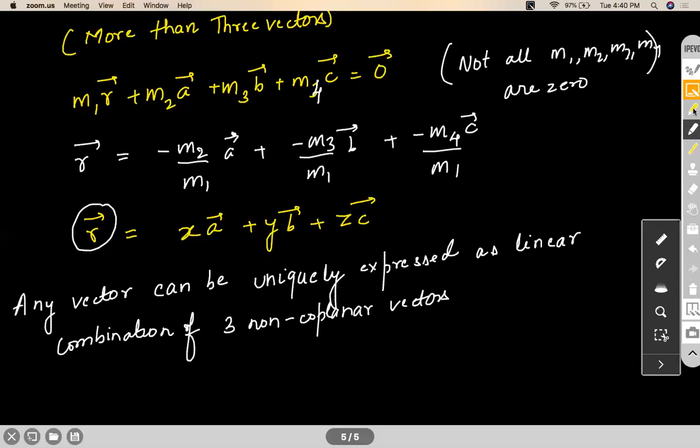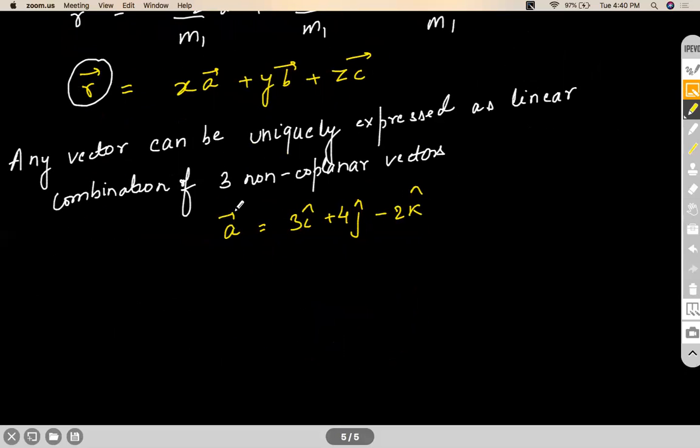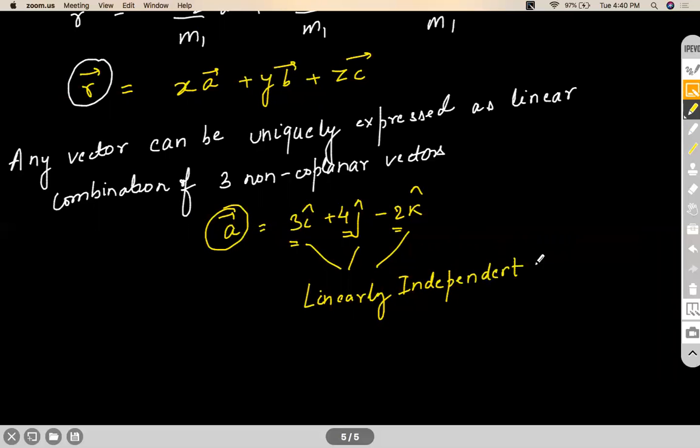And a typical example of this is expressing any vector in terms of I, J, and K. So when you write, let's say a vector A to B, 3I plus 4J minus 2K, what are you doing actually? You are trying to express a vector in 3 dimensions as a linear combination of 3 vectors which are linearly independent, or so as to say they are non-coplanar.